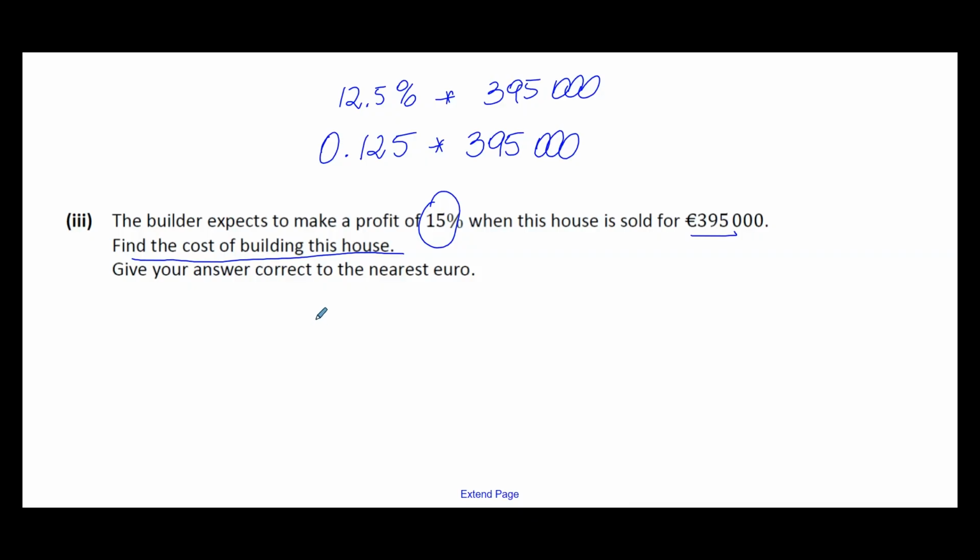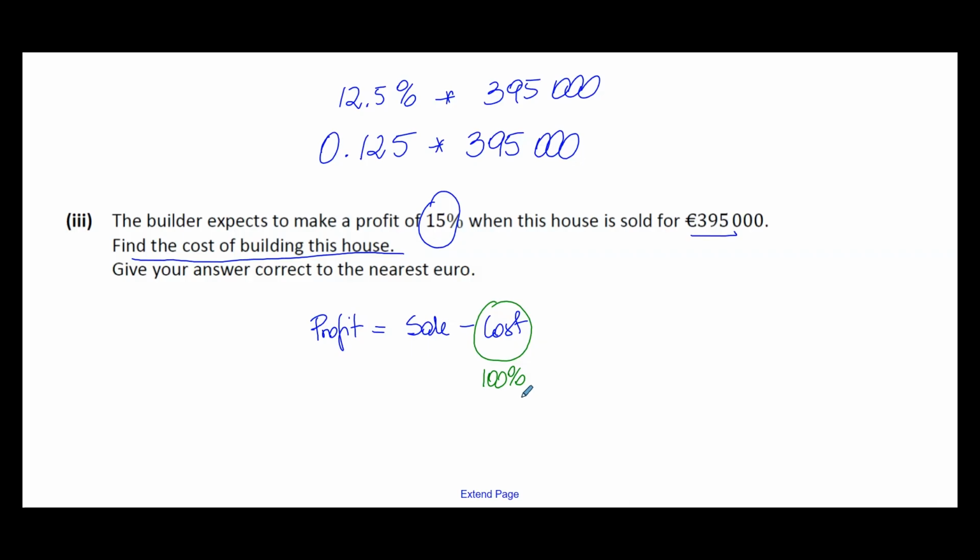So we have to always remember that profit comes from the difference of sell. From sell, we take away the cost, isn't it? That's the basic understanding of profit. So when here we are told that he's making 15% profit, that means all of the cost he's going to get, right? So he's going to get 100% of that back.